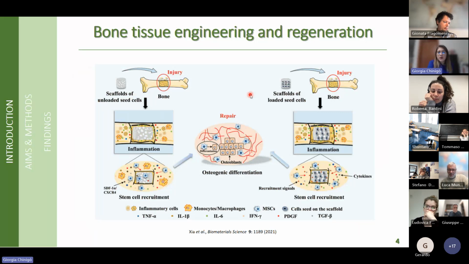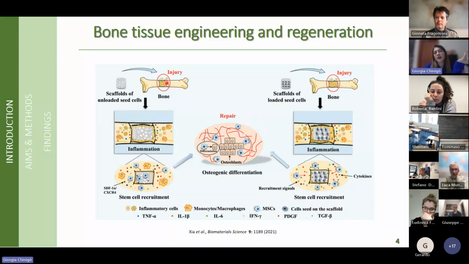Which is the purpose of bone tissue engineering? Basically, to design and develop artificial bone graft, bone implants, to treat bone injury for the long term.